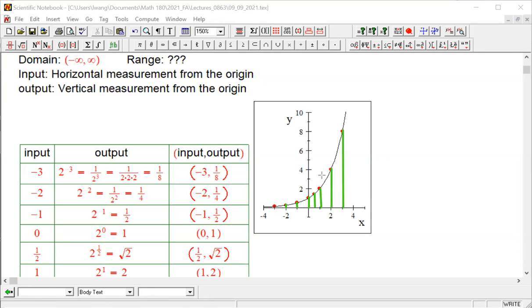And all of these bars, if you keep going in this positive direction, the input is getting larger and larger, and we can imagine the green bars are going to get higher and higher, right? How about in the other direction?